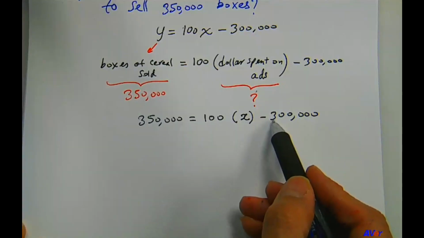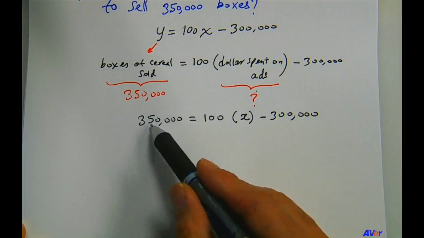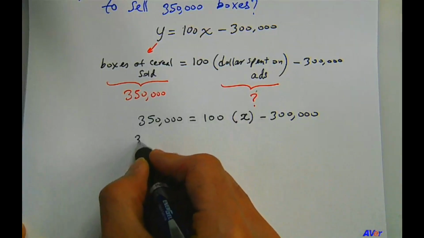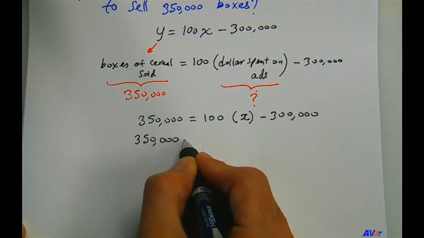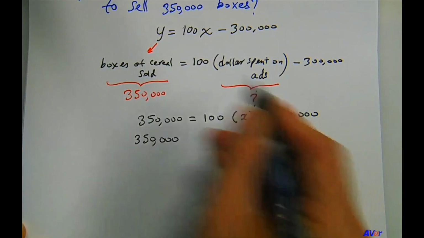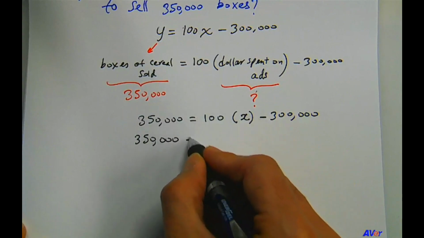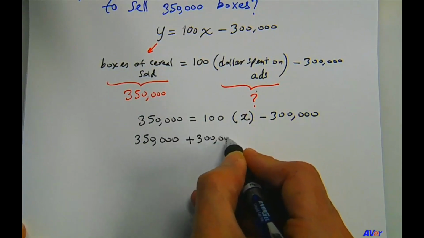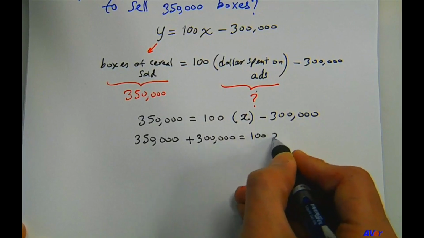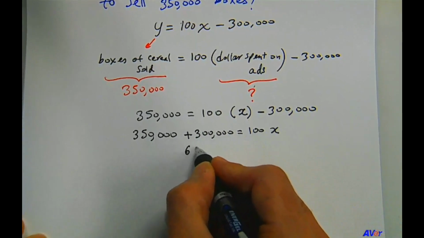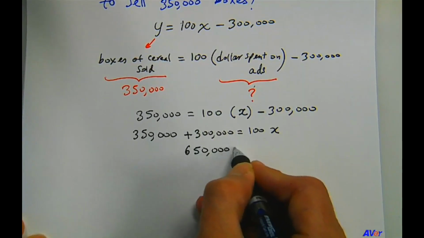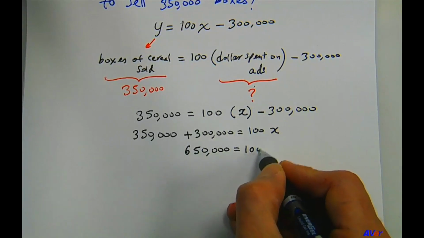So once again, let's combine the constants together. Bring this negative 300,000 to the left. In that process, instead of negative, it becomes positive. Plus 300,000 equals 100x. So we have 650,000 equals 100x.